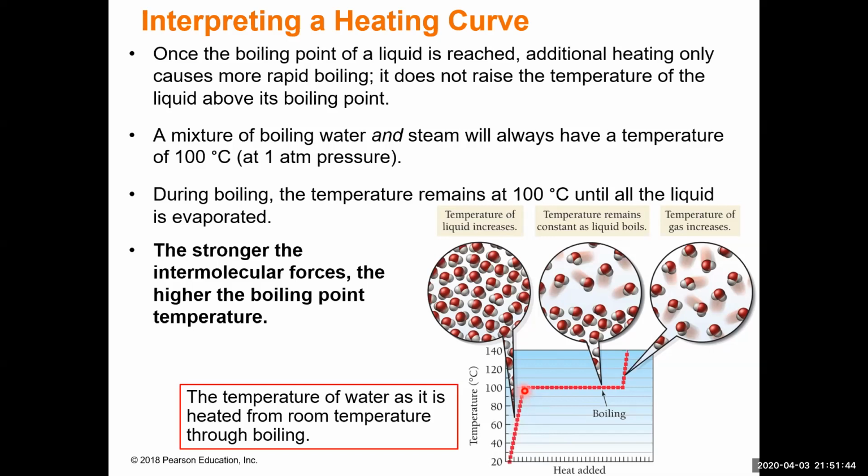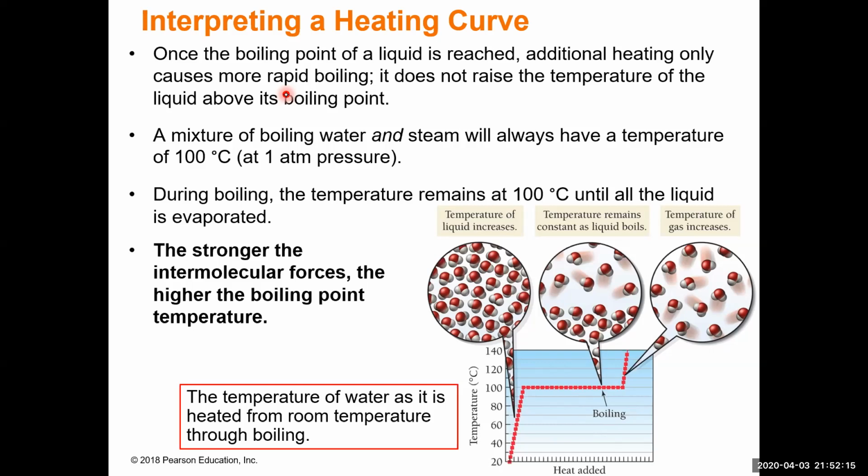Once we reach 100 degrees Celsius, then during this phase, the liquid phase is slowly converting into gas state. But notice as we're adding more and more heat, our temperature is staying the same. So as we're adding more and more heat, the temperature stays the same, but the boiling becomes more rapid.